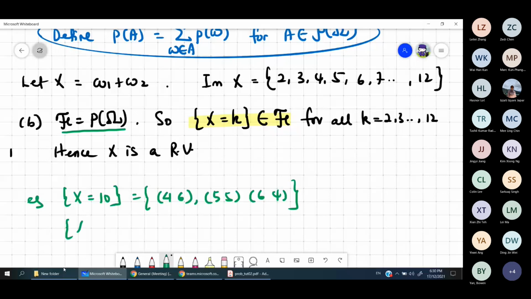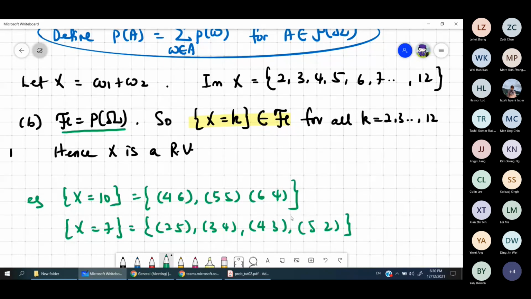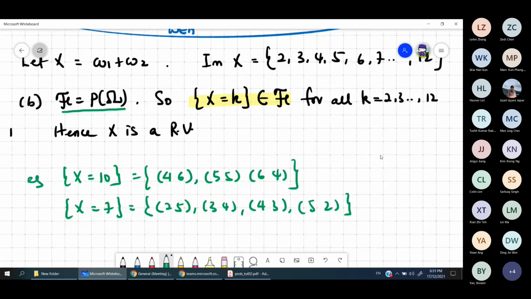If you want another one, X equals 7 will be 2 and 5, 3 and 4, 4 and 3, 5 and 2. I think that's it, right? And so on. So this is how you can identify the subset.